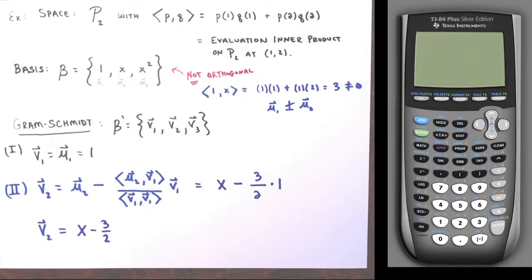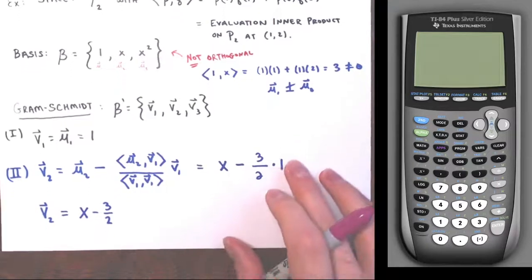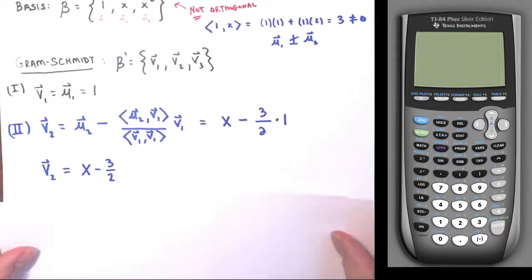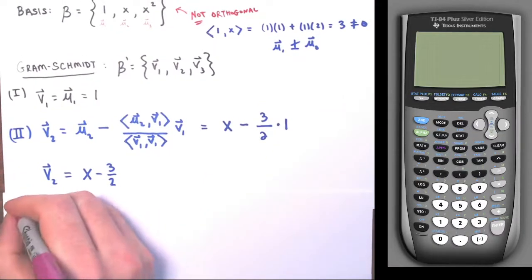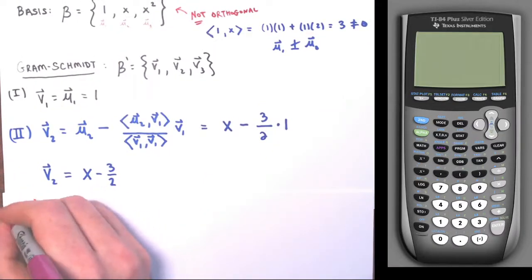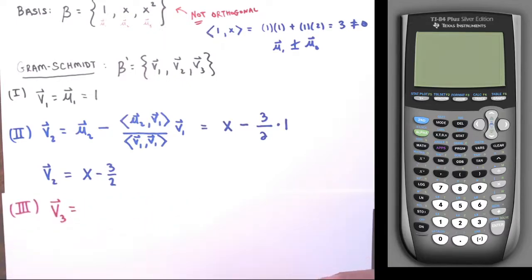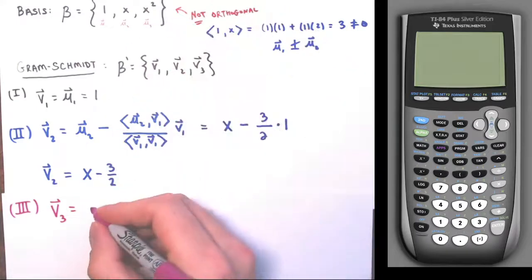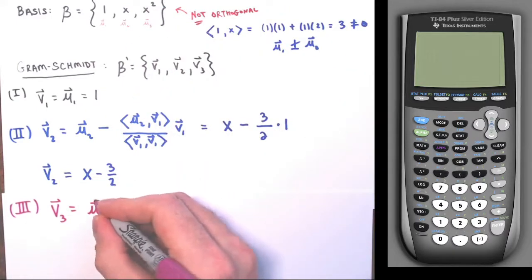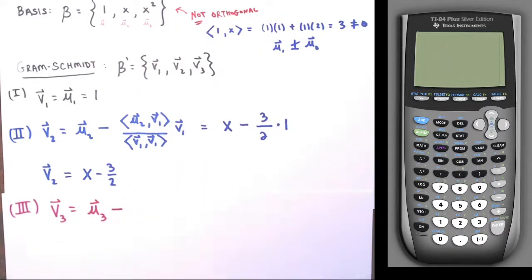All right, now for the third vector, v3. Again, I start off with u3, the third basis vector, then minus, and I subtract now 2 projections.